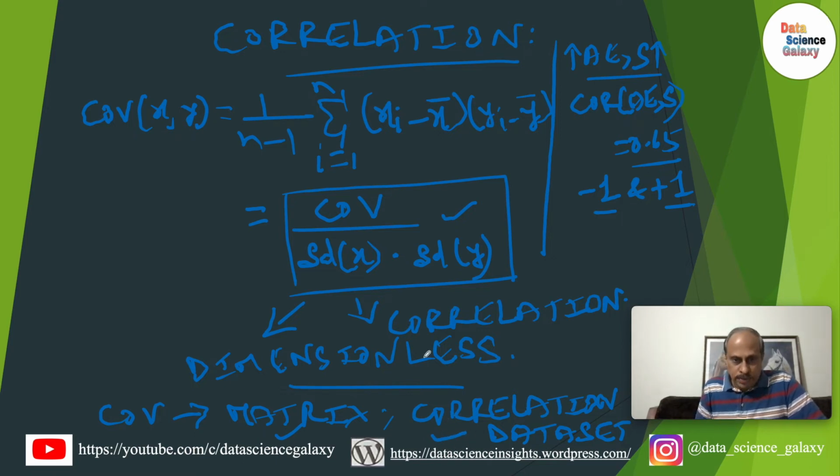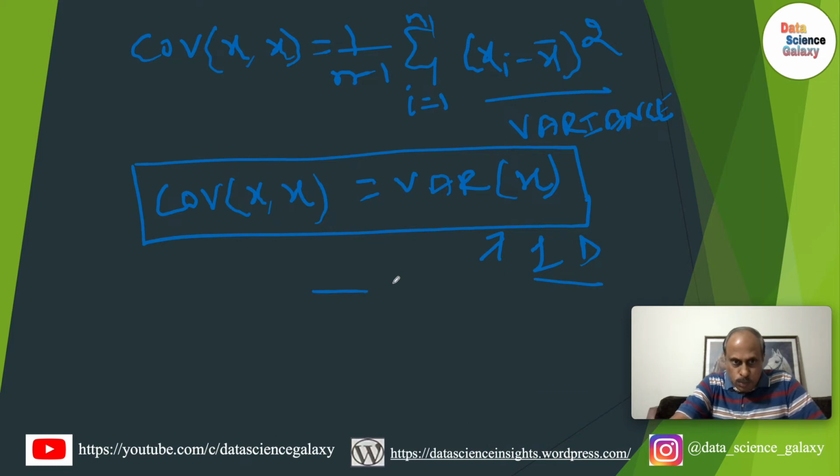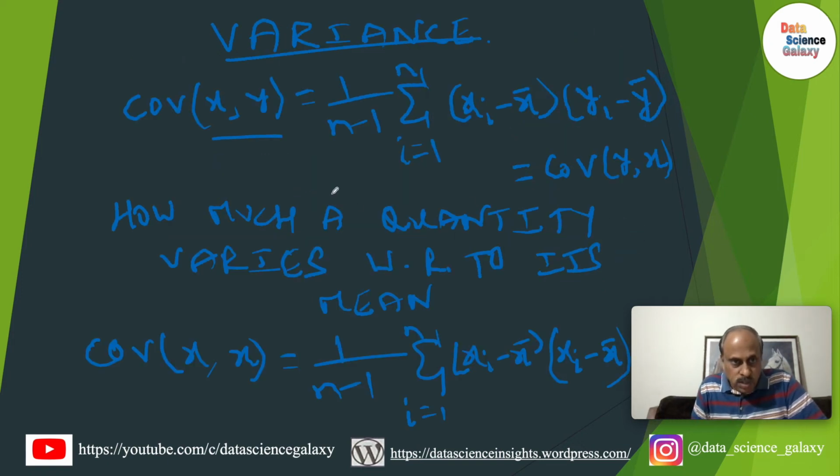Otherwise, your correlation is a dimensionless version of your covariance. And a more generalized idea of covariance, in a setting where you're looking at the covariance of a variable against itself, is the notion of variance of that variable. And variance is always one-dimensional, whereas covariance is for two variables, two random variables, if you will.